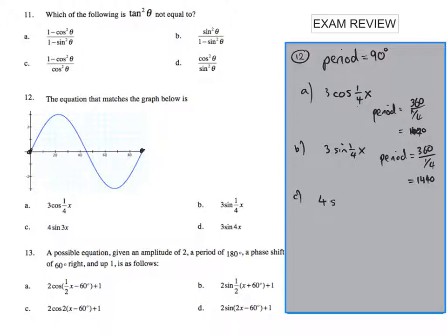Sine 3x, again, it's a sine graph, we're okay with that, and the period equals 360 over B, and B this time is 3, so it's 120, that one's wrong, which means that D must be right. 3 sine 4x, again, the period equals 360 over B, and B is 4, which equals 90 degrees. It's a sine graph and it's correct, so D is the answer.